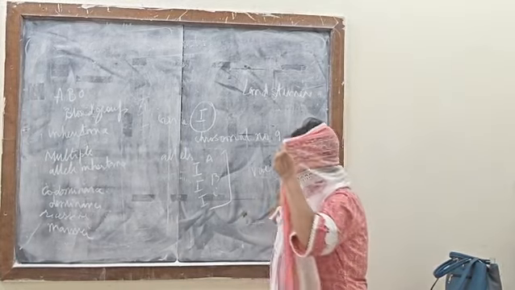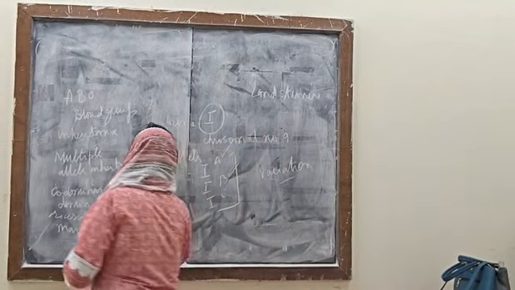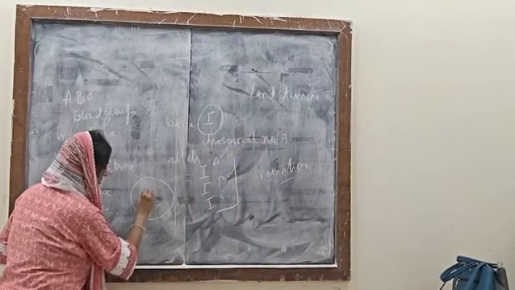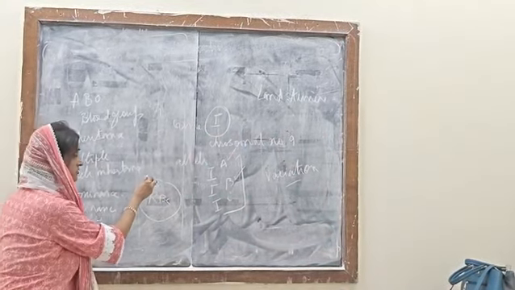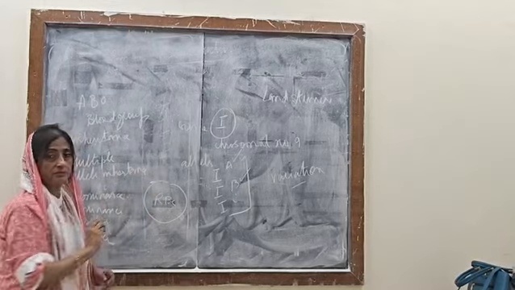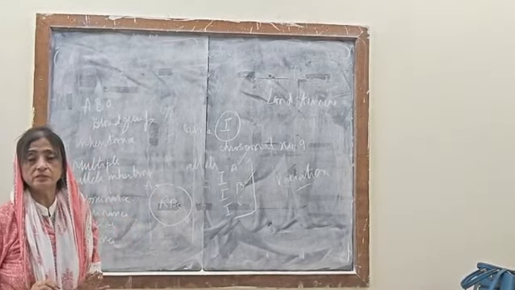These are considered as antigen A and antigen B, present on the surface of the RBC, the erythrocyte, the blood cell.